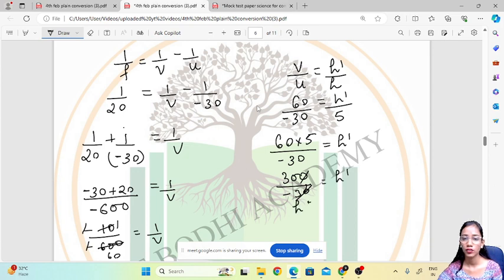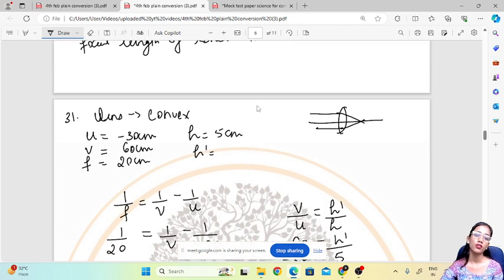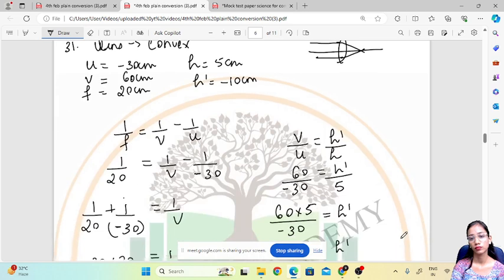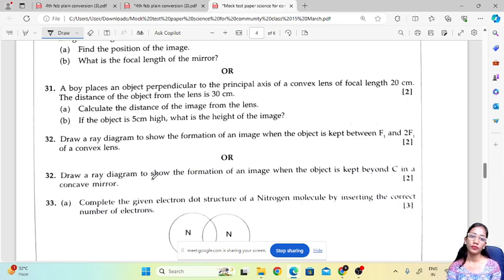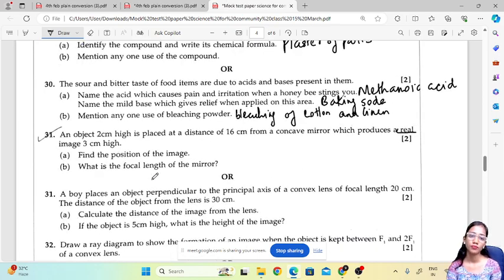So h dash is minus 10 centimeter. So the answer over here is minus 10 centimeter. Okay, so this is done.